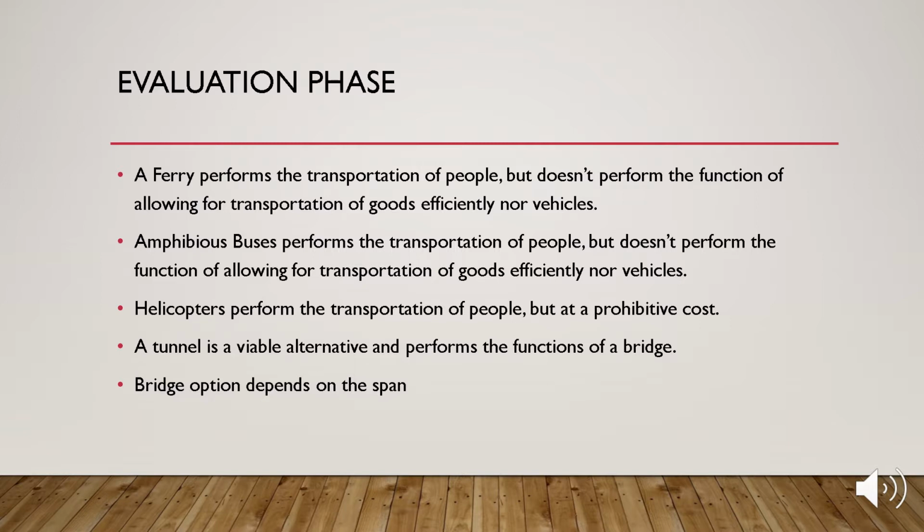So, for instance, a ferry may transport people, but it probably does not transport goods or vehicles efficiently. An amphibious bus, again, will probably transport people, but not vehicles or goods. Helicopters most likely have a prohibitive cost, and tunnels are probably viable. All the bridge options probably will depend on the span of the bridge.